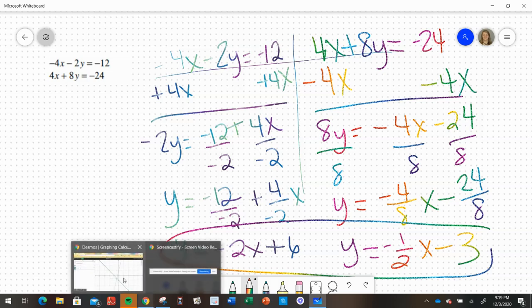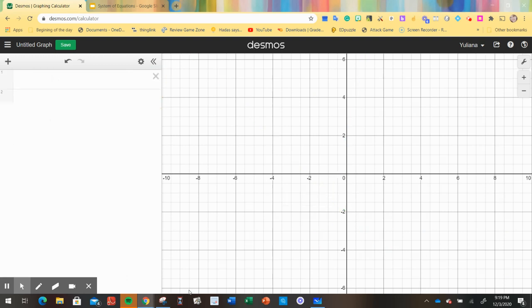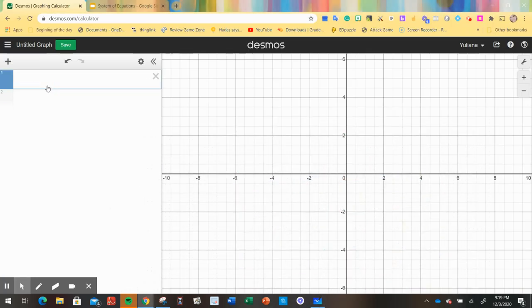So my first one is y equals negative 2x plus 6. Okay, that's my first one.